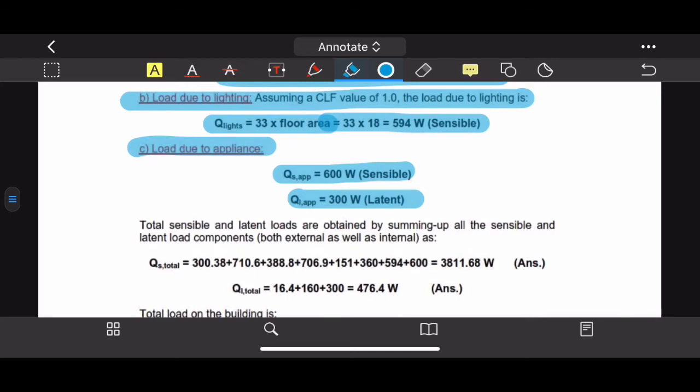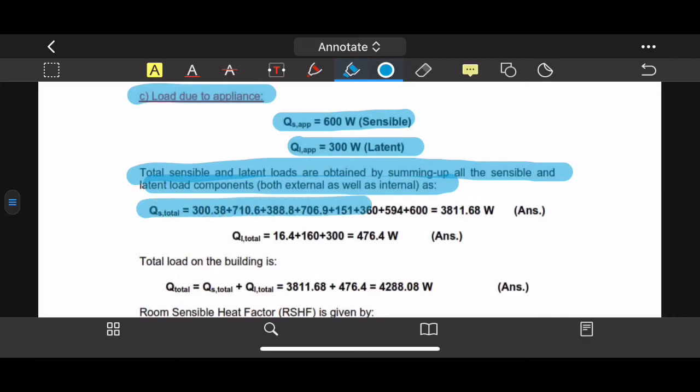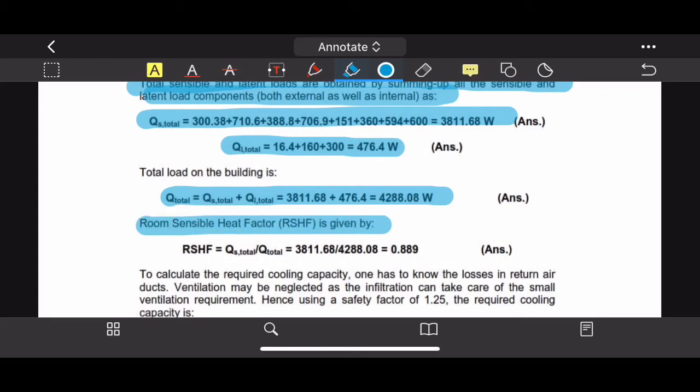Alright, so total sensible loads are obtained by summing all sensible components. So you have Q sensible total and Q latent total, 3,811.68 watts and 474 watts respectively. Adding them together gives around 4,288.08 watts. The room sensible heat factor is given by this.